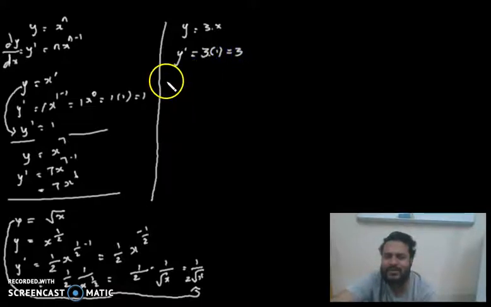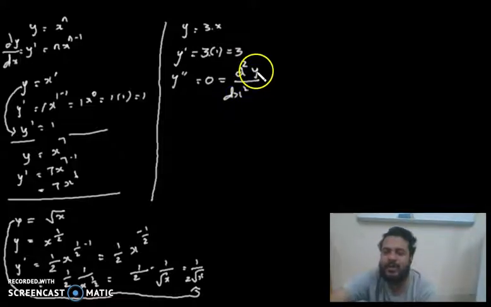Now the question arises, can we differentiate our answer once again? The answer is yes, you can. y'', the second time you are differentiating, and the derivative of 3 is 0. And y'' can be written as d²y/dx².